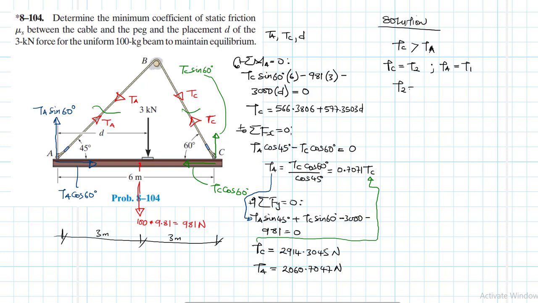So we have the equation T2 equals T1 times e, which is a constant, a base that is used in natural log, to the power mu times beta.